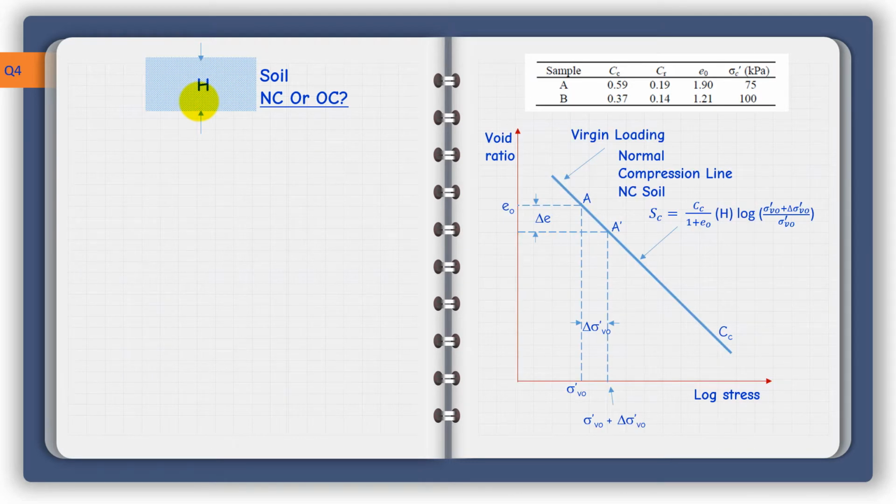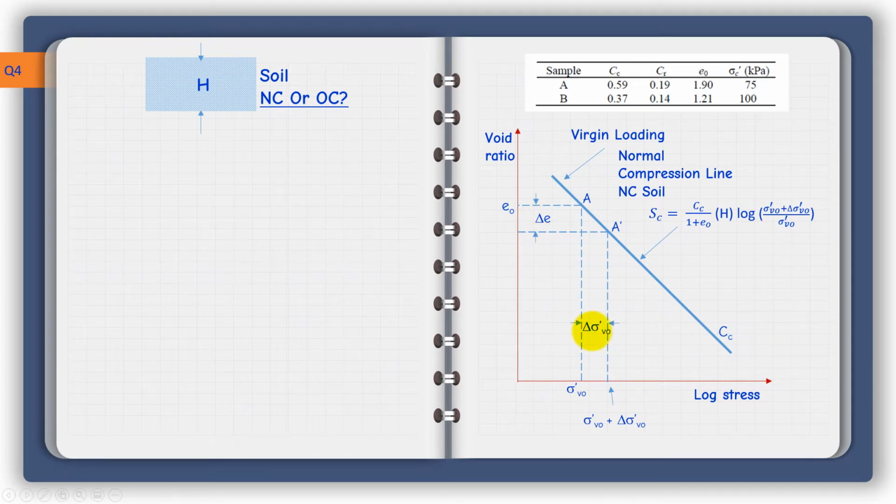If the soil is virgin, normally consolidated, never saw anything greater than the present overburden pressure that it's experiencing as we speak, then any settlement or any compression of any soil sample will actually move along that line. The gradient is C sub C, the compression index, and you have here the initial void ratio e naught. Point A will compress to point A dash, and this will experience a reduction in the void ratio, delta e, due to the pressure increment.